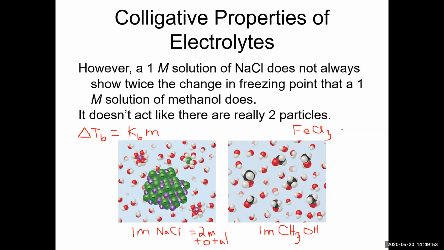How many ions does that yield? Well, when that dissolves, it gives 1 iron, which is a +3, and 3 chlorides. Sorry, let me erase that.